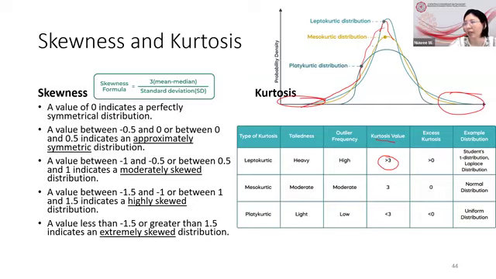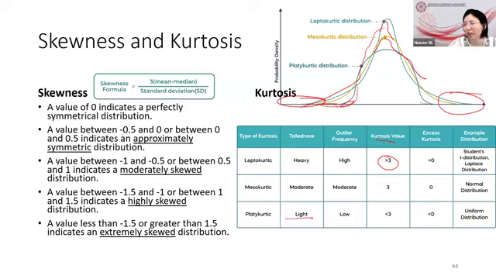Mesokurtic is like a normal distribution like this. It's a very beautiful curve. Okay, so the tail is very moderate, and the kurtosis value will be 3 or almost 3. Excess kurtosis will be 0. For platykurtic, the tail is light. So this one, right?